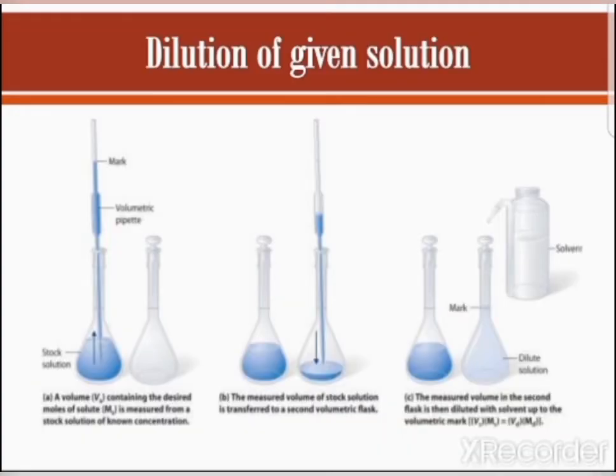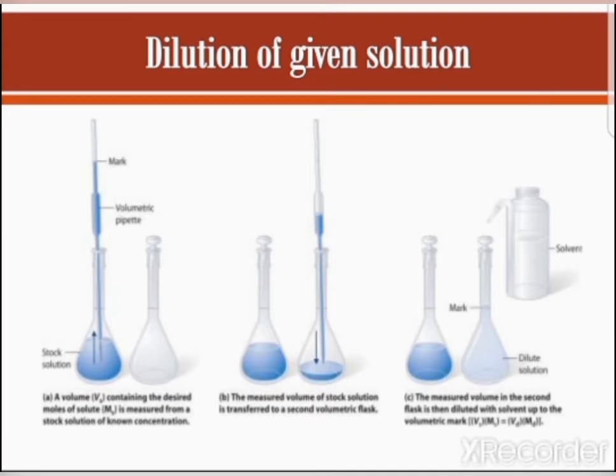Now, next topic of our today's lesson is dilution of given solution. For the dilution of a solution, a volume containing the desired moles of solute is measured from a stock solution of known concentration.